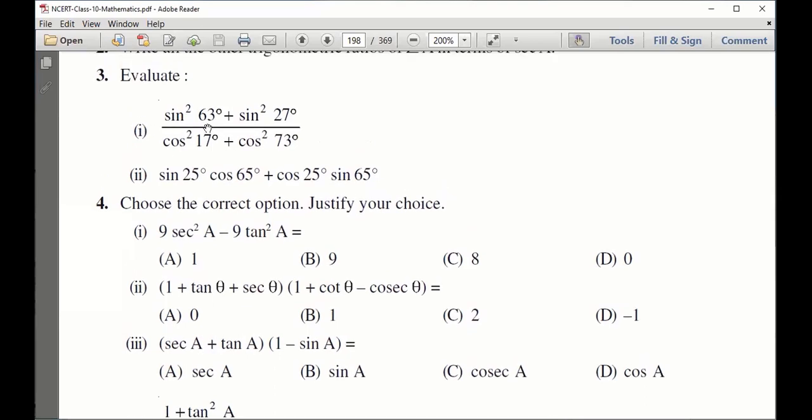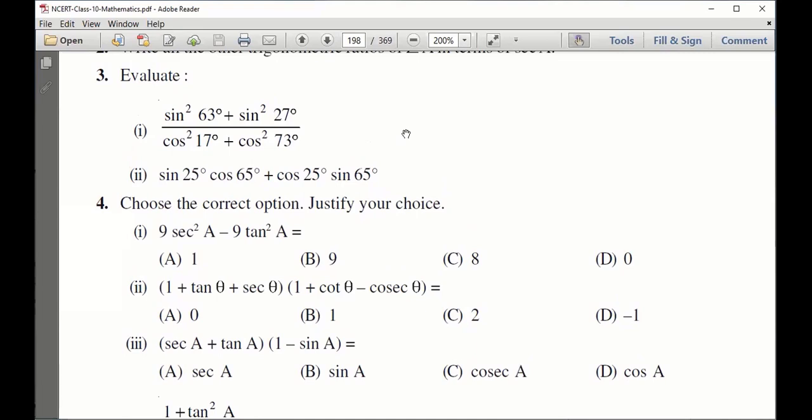Question number 3, part 1: sine square 63 plus sine square 26. Everybody try and solve it and tell me. It doesn't take much time, a few seconds, maybe 30 seconds or 1 minute. Try everybody and one of you will explain to me. It's oral, we can do that. Fast, fast, fast.